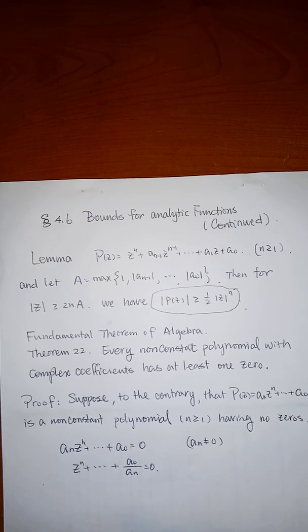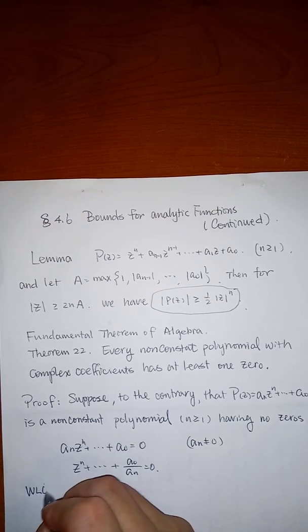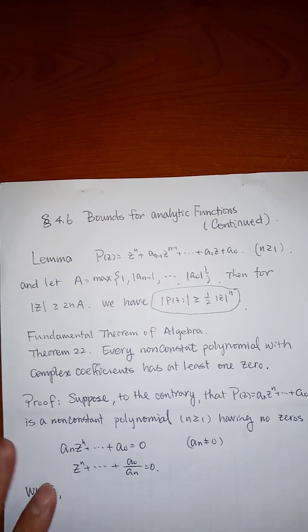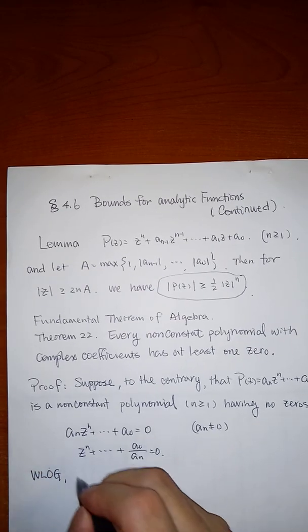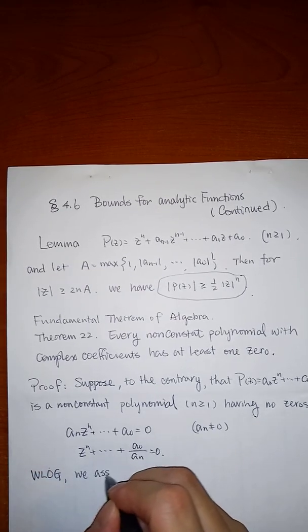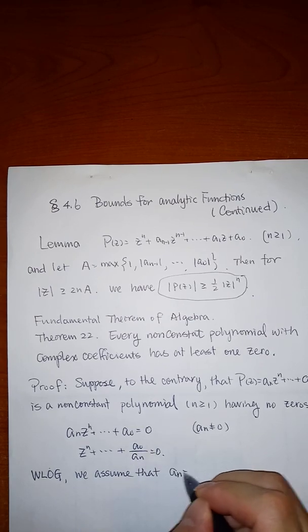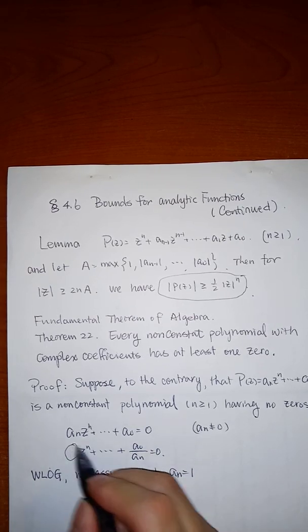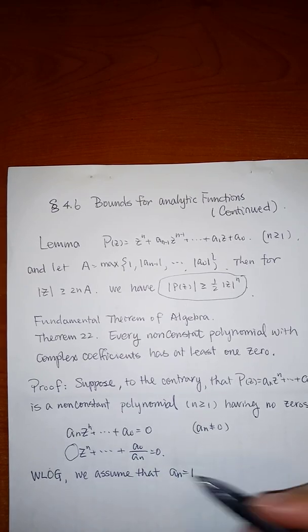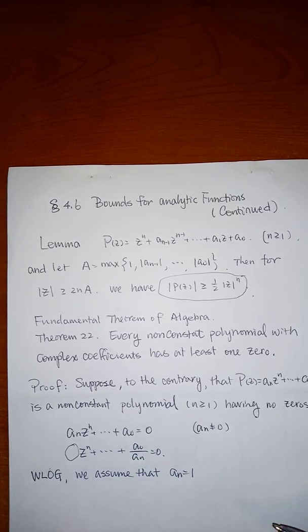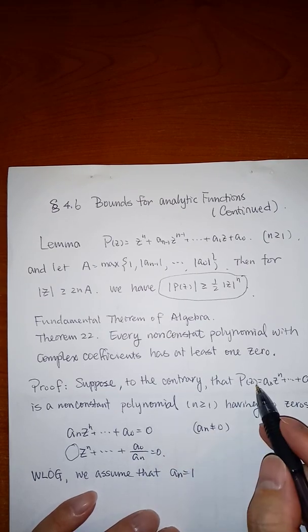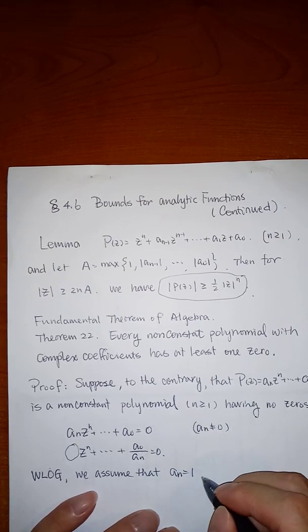So without loss of generality, we always assume that a_n is equal to 1. If it's not 1, you divide the equation by this leading coefficient, and you don't change any property about the zeros.